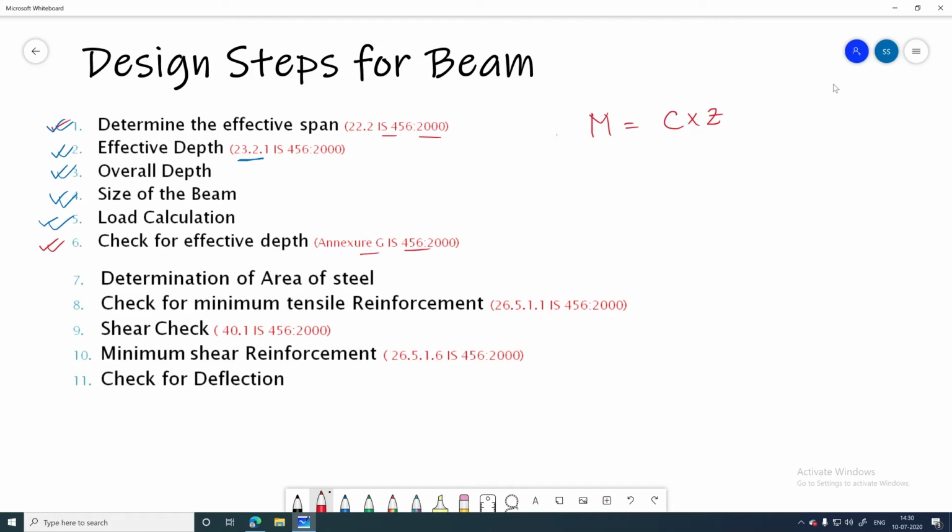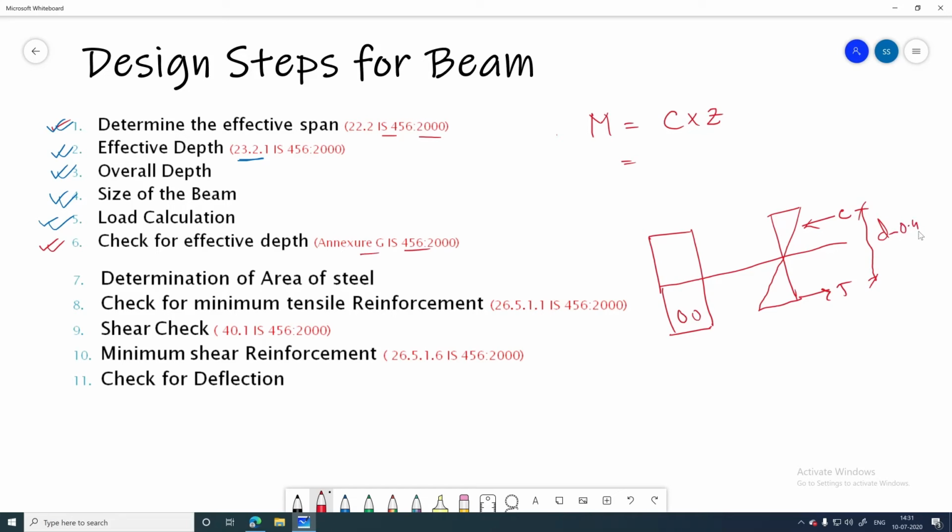So what is the compressive force? Look, if you see the diagram in limit state design, this is T and this is C, right? And this is the lever arm, which is d minus 0.42 xu.